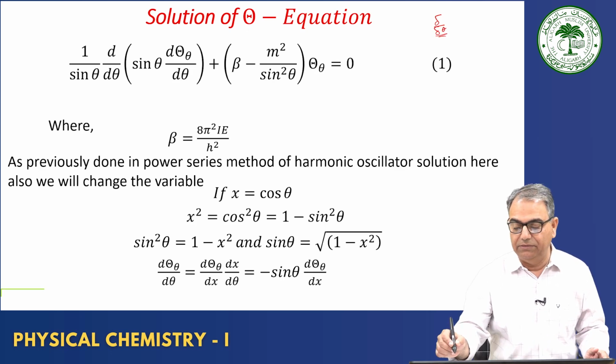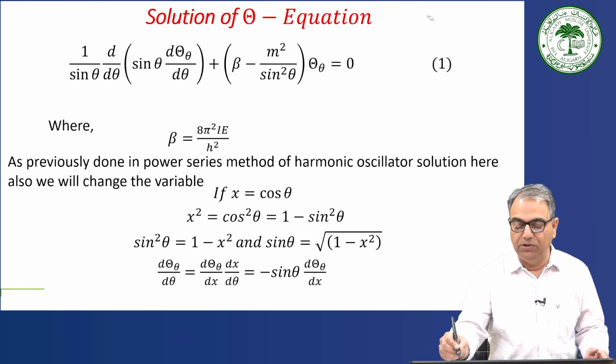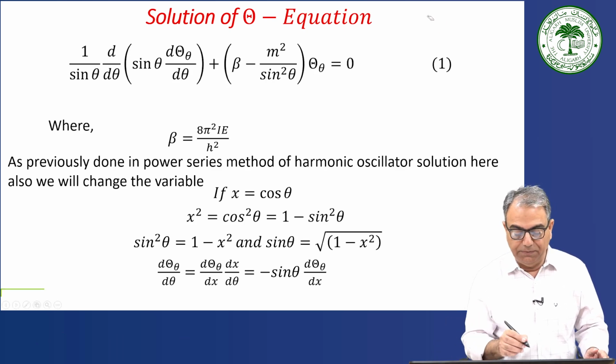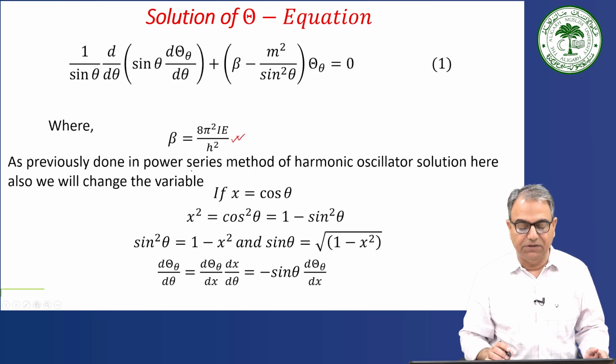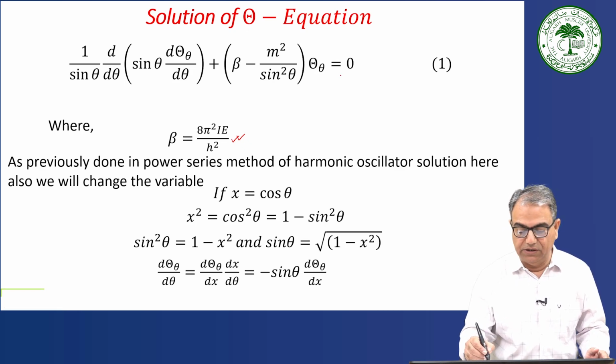You use del when you have more than one variable. Now this beta is actually 8 pi square I E divided by h square. This we did in the previous module; you can go back and see in the previous video from where we got this equation.